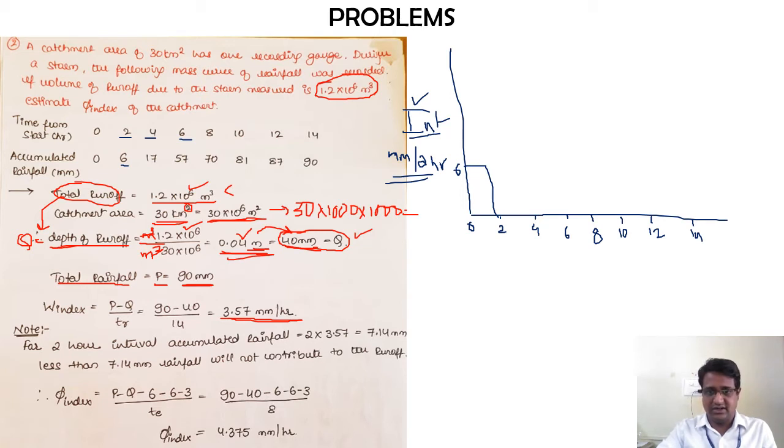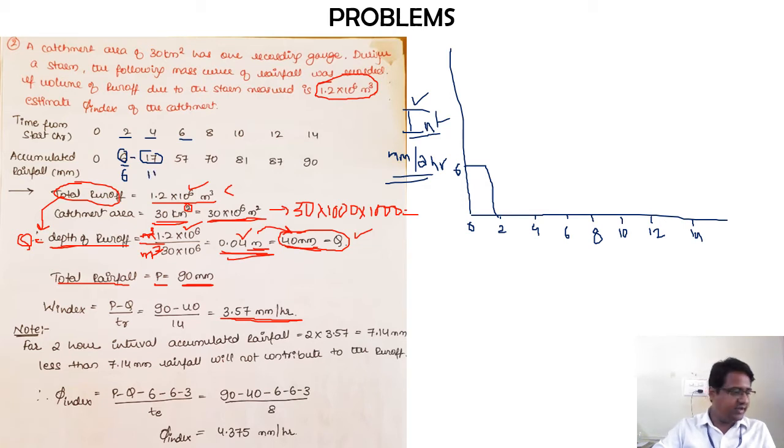Let me calculate these in-between values first before going to the drawing of the hyetograph. For 0 to 2 hours, the intensity of rainfall is 6 millimeters per 2 hours. For 2 to 4 hours, since it is a cumulative value, 17 minus 6 gives 11.